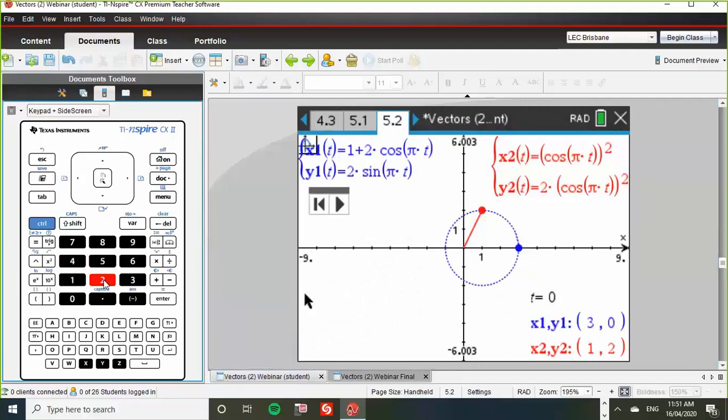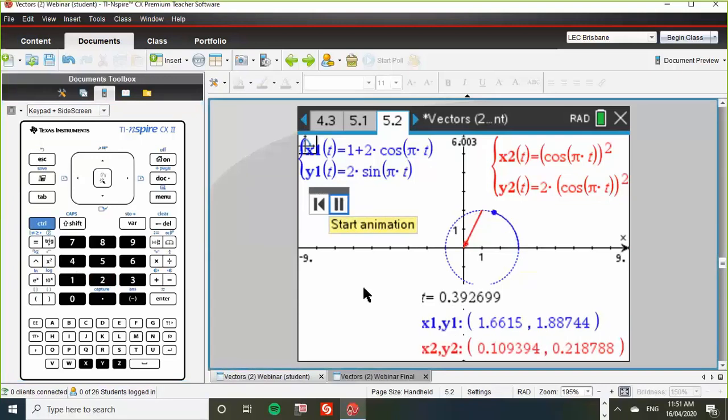Right, so here are our starting points. The particle that's moving in circular motion starts at 3, 0, and the particle that's moving in a straight line starts at 1, 2. So the question is, are they at 1, 2 at the same time or not? So we can set them in motion and we can see what happens.